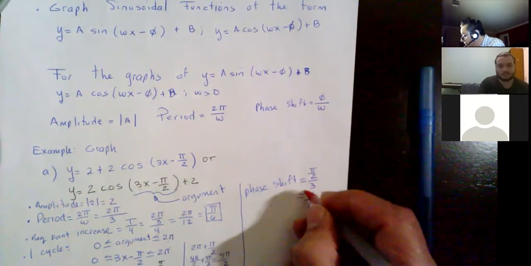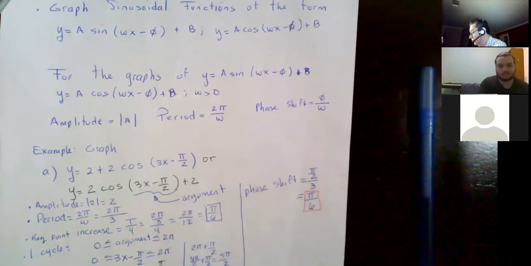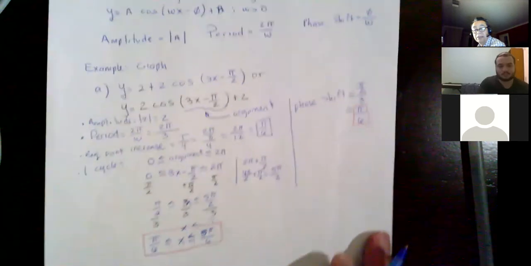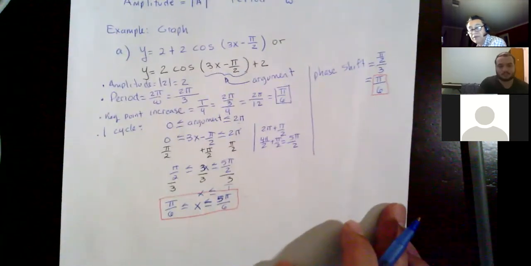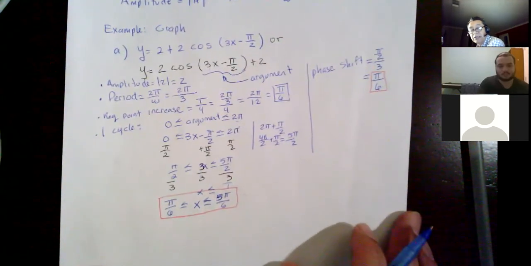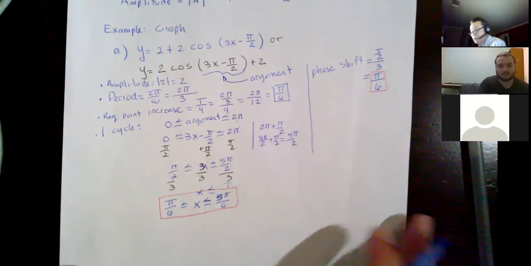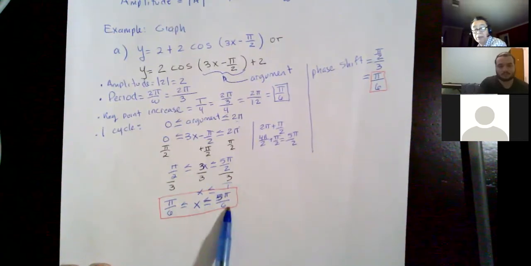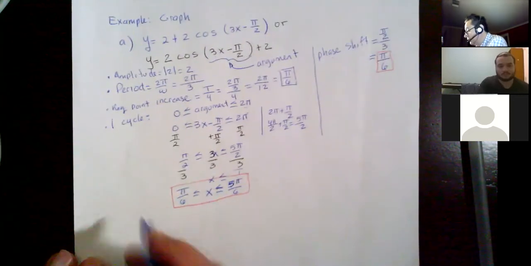That's the phase shift, by the way. All right, that's how we find the phase shift. So let's go back to the one cycle that we found. Now that we found the one cycle, we know where we're going to start, we know where we're going to end. Let's find the key points.